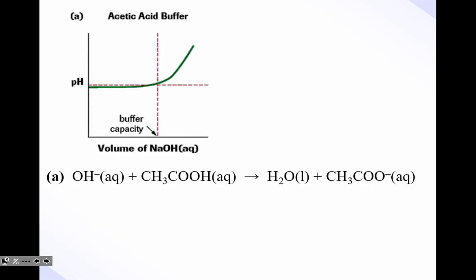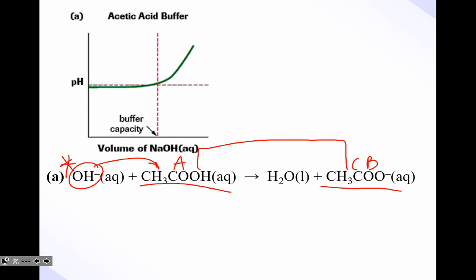So why is it doing that? If I add hydroxide to a buffering system, a weak acid plus its conjugate base, here's your weak acid and here's the conjugate base. This is the conjugate pair. If I add hydroxide, the hydroxide is going to react with the acid.